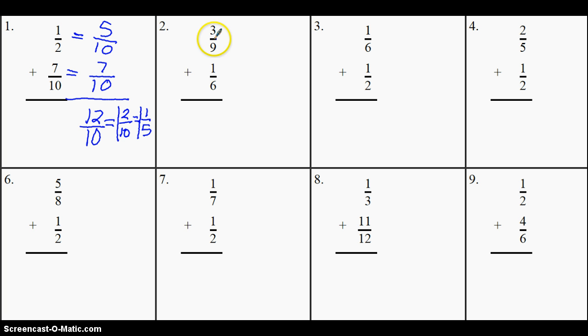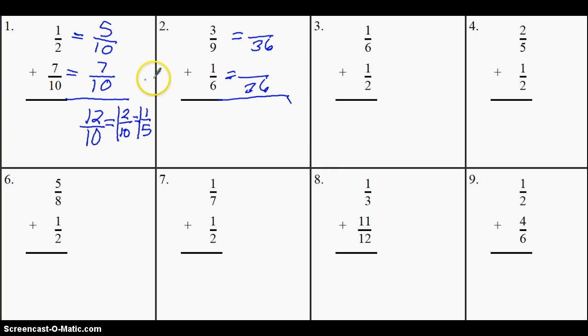Here I have 3/9 plus 1/6. Now when I look at 9 and 6, I know that the least common multiple of 9 and 6 is 36. So I'm going to go ahead and write down 36 as my least common denominator.